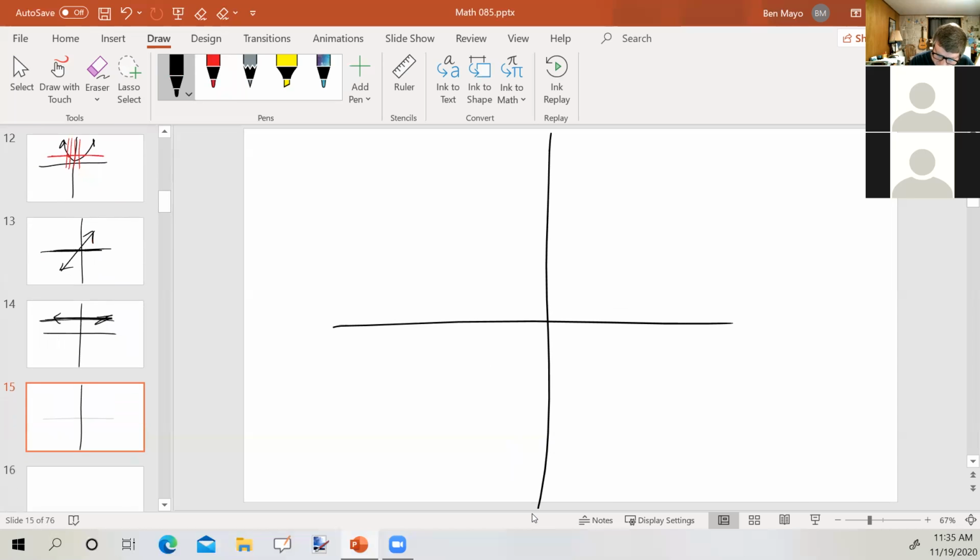And if you've got a vertical line, that's not a one-to-one function. That's not even a function. But other than the vertical lines and the horizontal lines, all other linear equations are functions and they are one-to-one functions. Okay, any questions about that yet? No. All right.